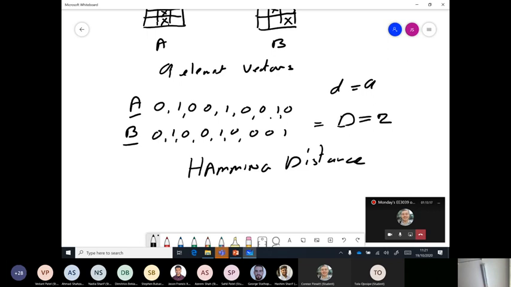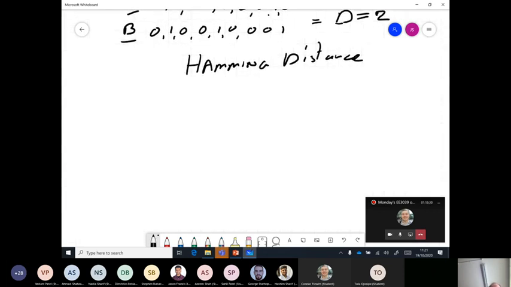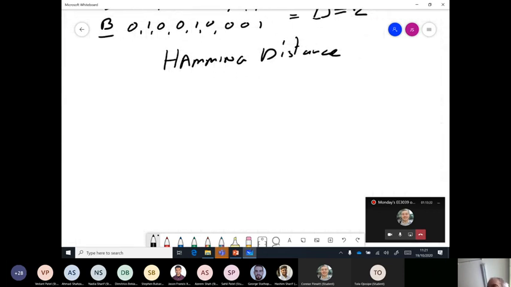So, how does the distance classifier work? I think I'll carry on with the whiteboard. It's easier than the PowerPoint slides. So the distance classifier for two classes.